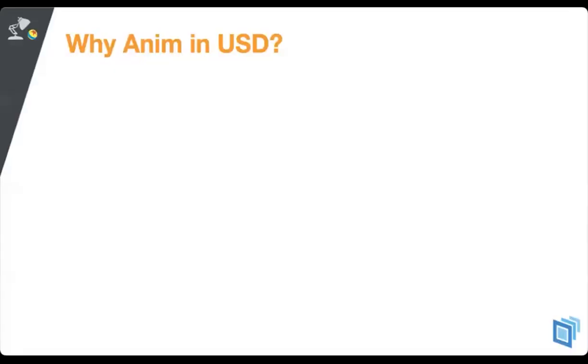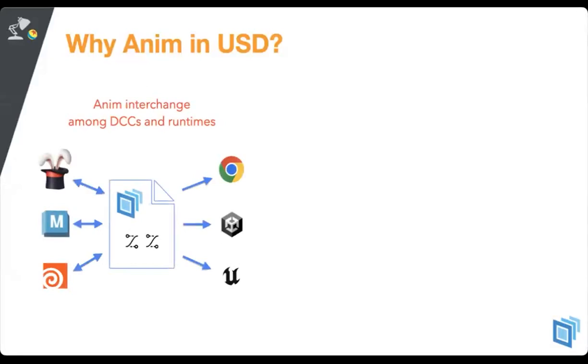All right, so why are we putting animation curves into USD? This is probably the most important piece of it. Another piece of bias you'll see in these slides is that we think about USD in two different ways: as a way of exchanging source information and a way of exchanging pose cache information.